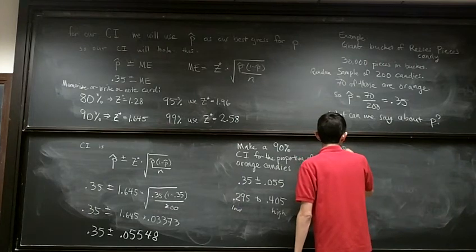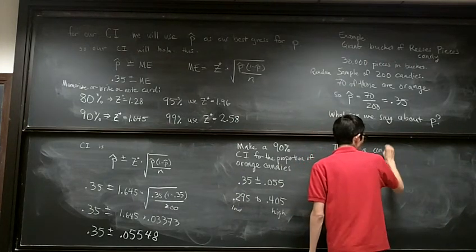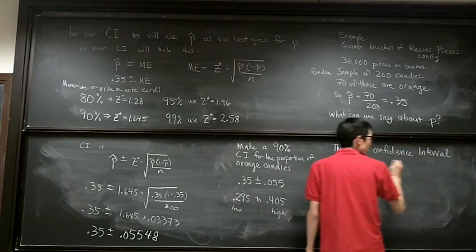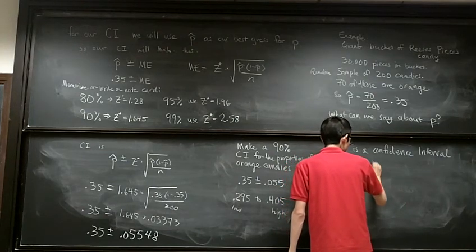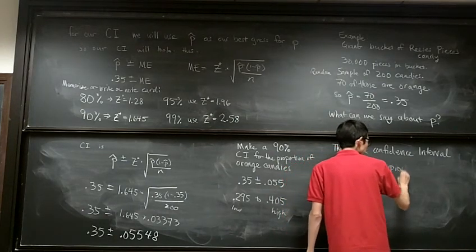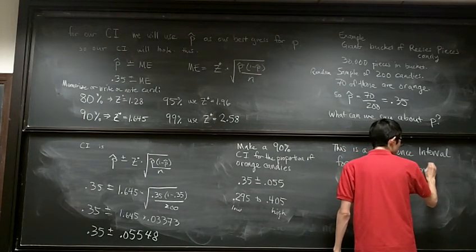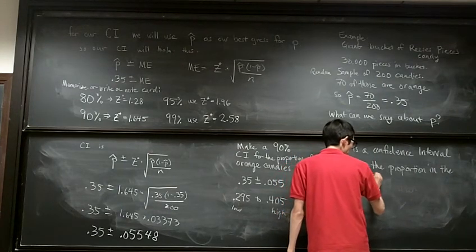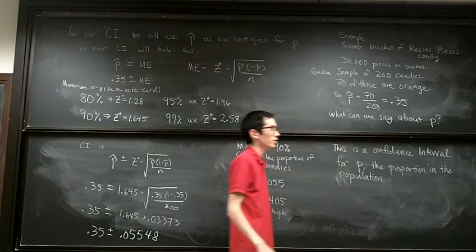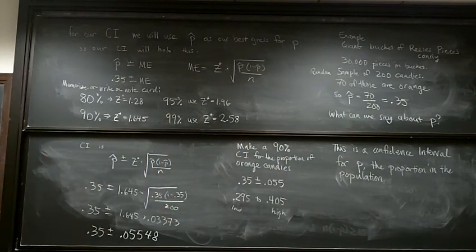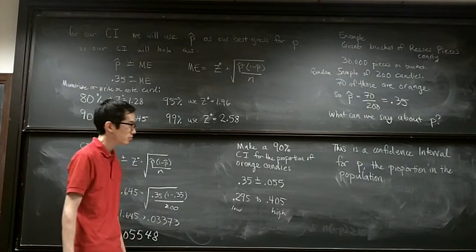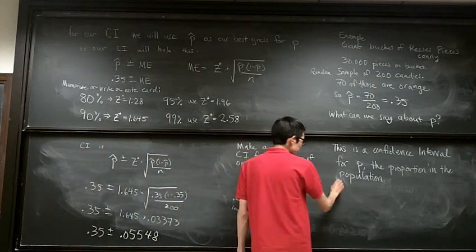This is a confidence interval for P, the proportion, not for the proportion in the sample.